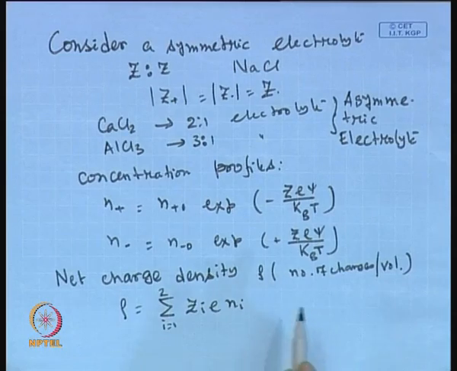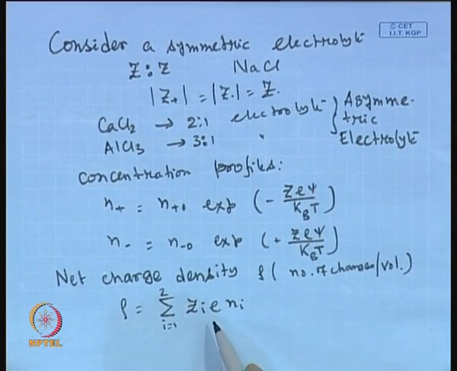So, basically it is the summation of all the number concentrations multiplied by the Coulombic charge 1.6 into 10 to the minus 19 Coulomb, multiplied by the valency of the corresponding ion. The whole thing over a summation will give you the charge density, that is, the number of charges per unit volume.